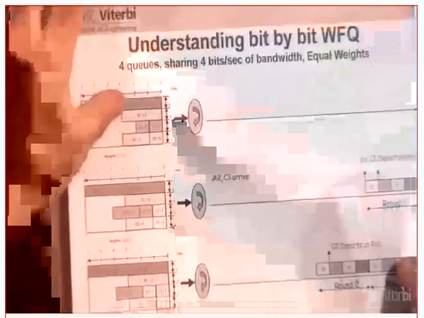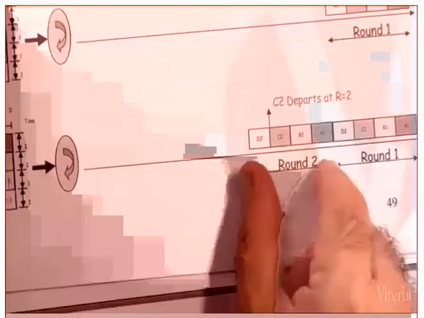Round 2. What do I have in round 2? A1. Oh, A1 has 4 units, already served. So it's A1. Then he takes 2 units from A2. Where is A2? I don't see A2. Oh, A2, just right. Clear?